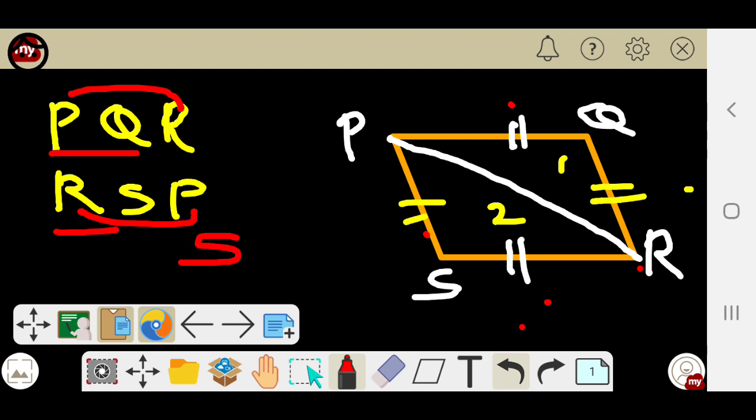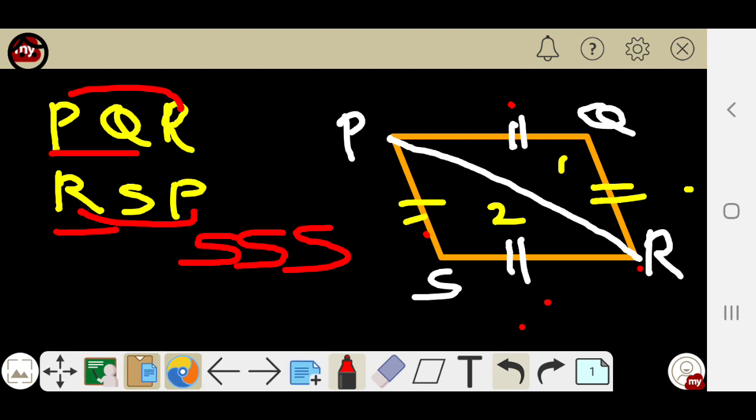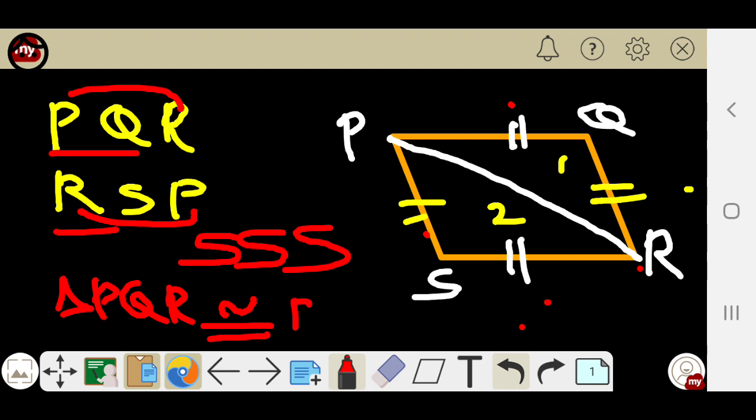That means by using the SSS congruence rule, we can say triangle PQR is congruent to triangle RSP.